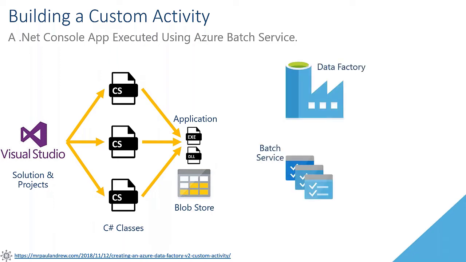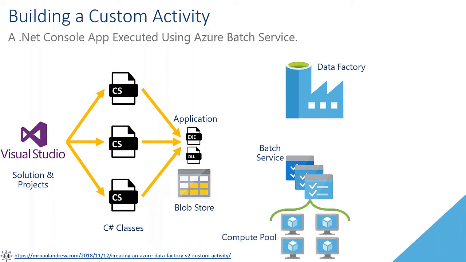I would then have my data factory. I would deploy my Azure Batch service, and I would configure a compute pool within there, which can, of course, dynamically scale out as well, so you're not wasting any money in infrastructure costs. Then for this scenario, I have a data lake over on the right-hand side, which contains some raw CSV data. And I'm going to say that my CSV file has 20 attributes in it.